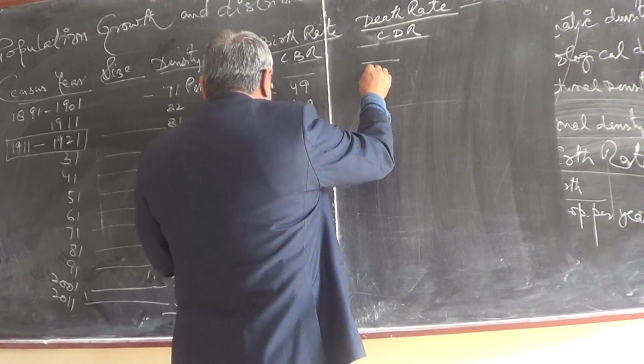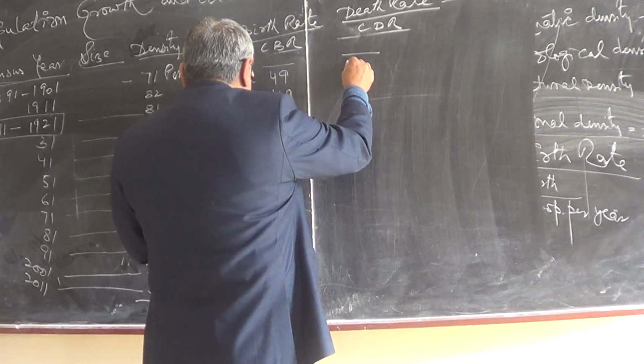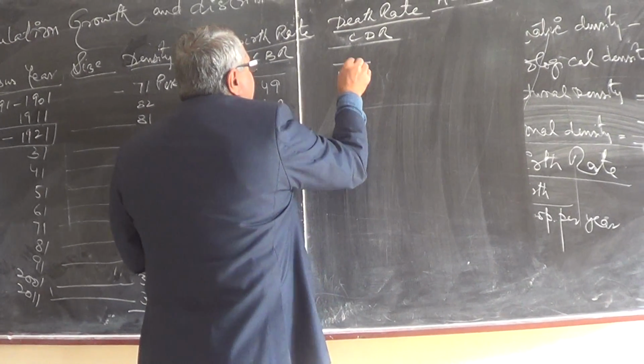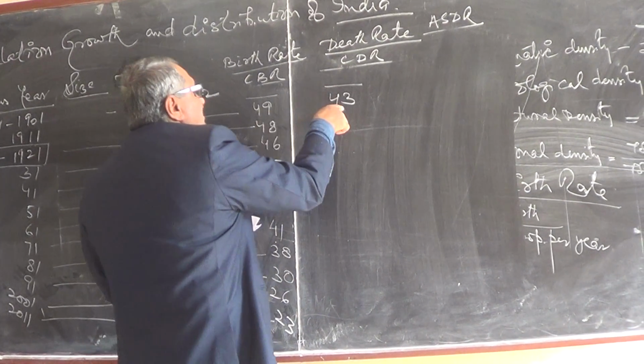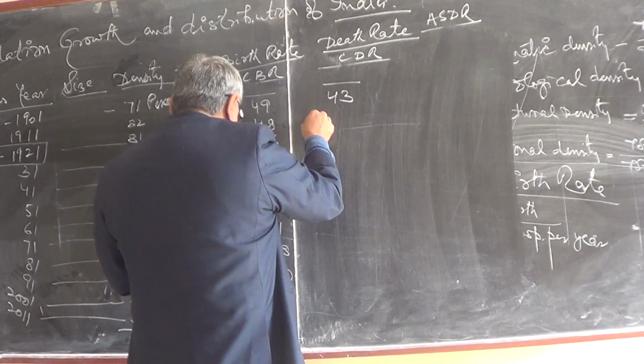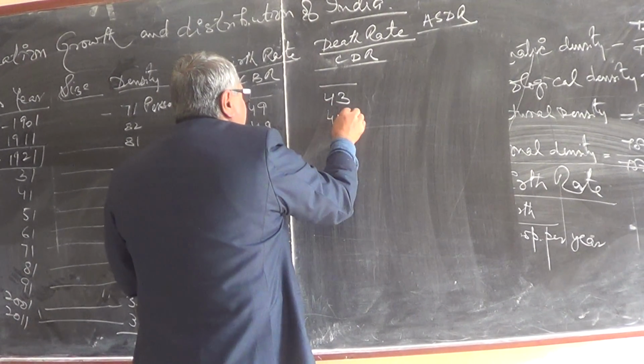Here deaths were 43. Births are this, deaths were this, so the growth rate would be high. It was 47.